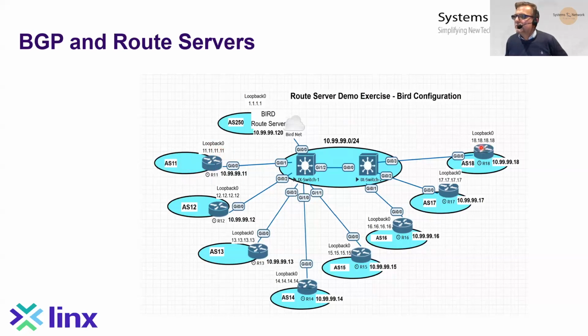And Autonomous System 18 is advertising the 18.18.18.18 address. And they are all peering only with the route server in Autonomous System 250. Okay, so that's the lab setup.